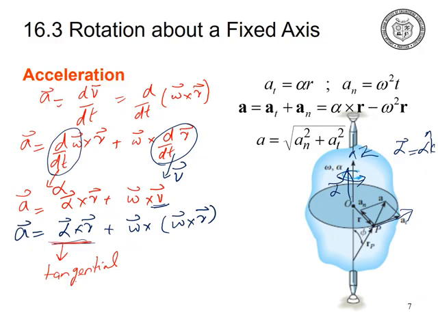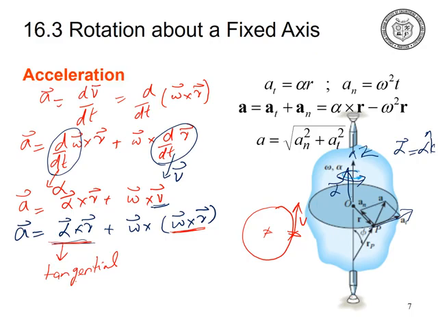What is omega cross r? It is simply v, the velocity, which is tangent to the circle or tangent to the path. Let us say this is the circle and the velocity is tangent at any point. And omega is pointing out from the board, as this body is rotating about an axis pointing out from the board.